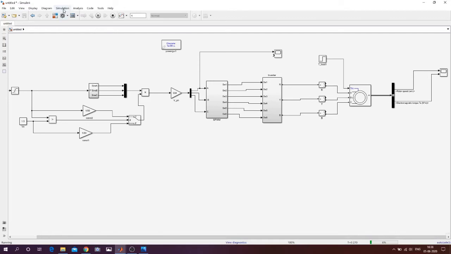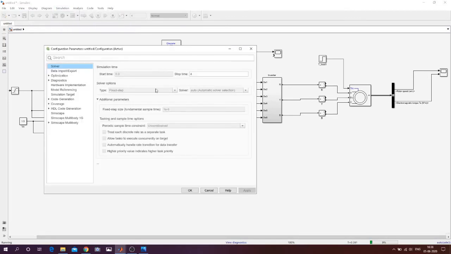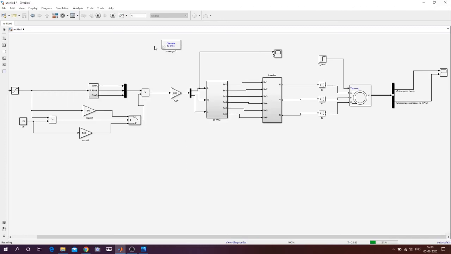You can do one thing in simulation: go to the model configuration, make it fixed step, and make the fixed step size 1 microsecond. It will be reflected in your power GUI, that it is in discrete form and in the 1 microsecond range.